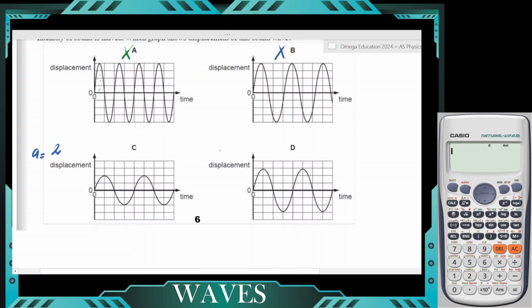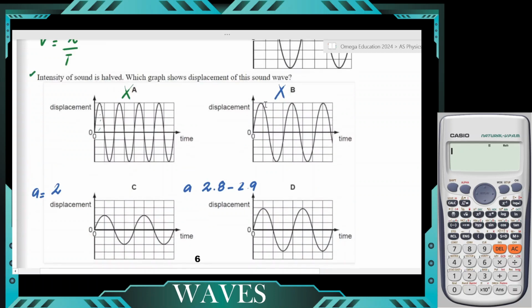So between 2.8 and 2.9 or so. Now the question is, if the intensity is reduced to half, what would be the new amplitude? Let's make a guess first.